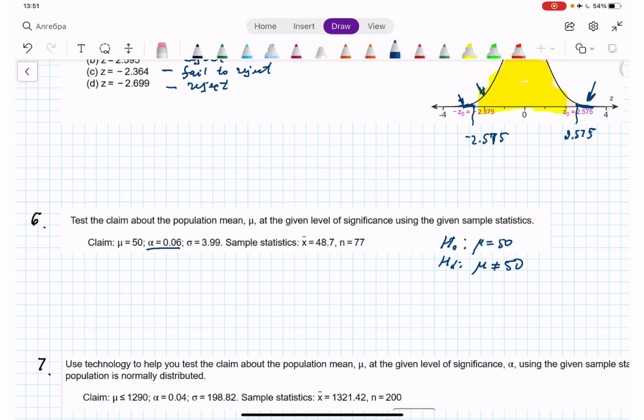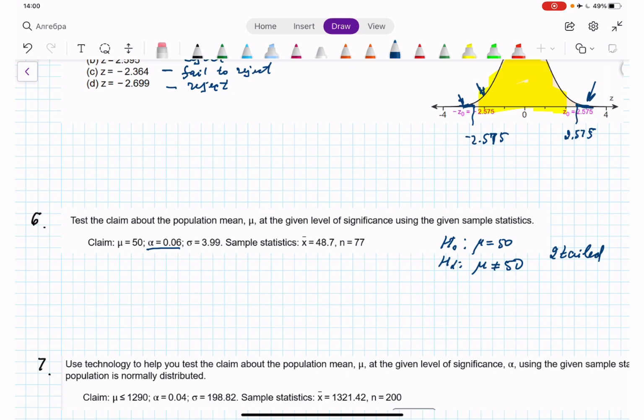Next, we are going to calculate the standardized test statistic. Since our hypothesis test is equal, not equal, that means we have a two-tail case, right? Two-tail test.